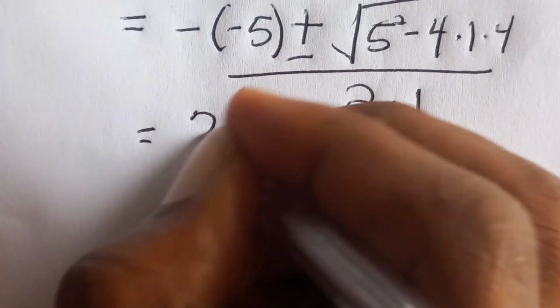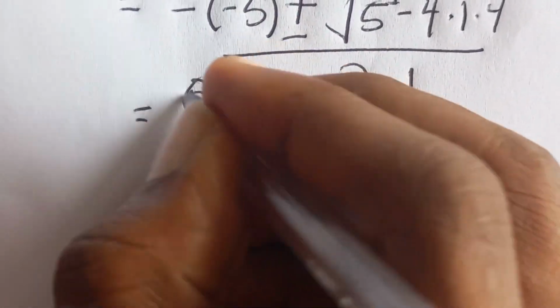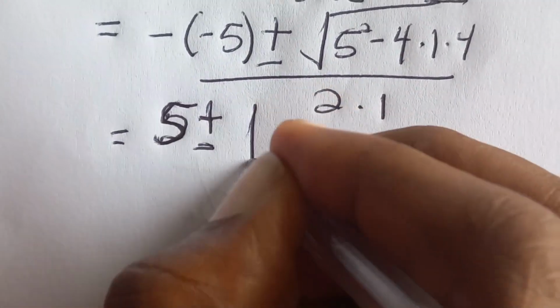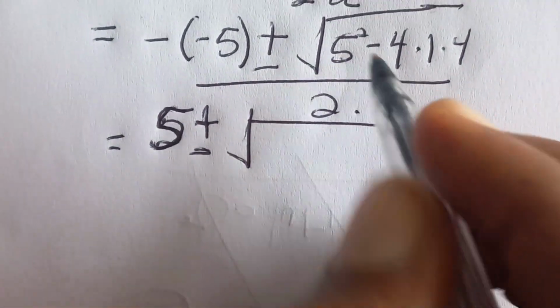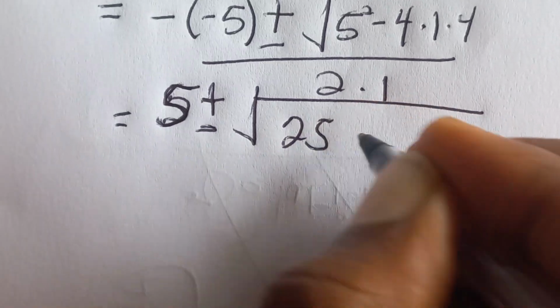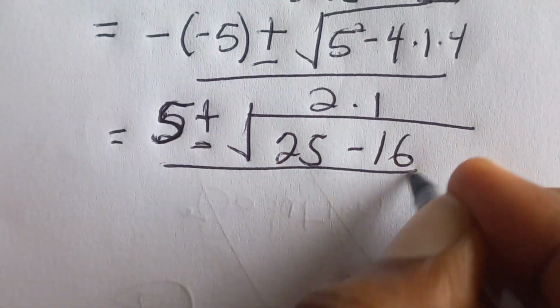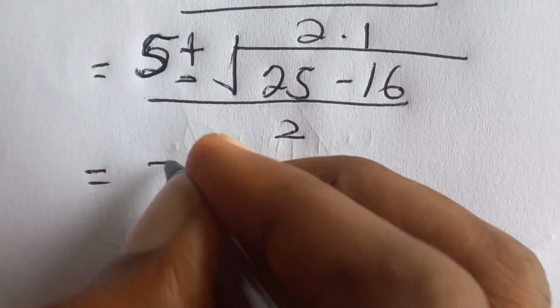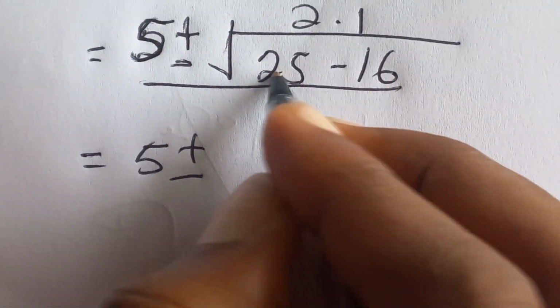From here, we get 5 plus or minus square root of 25 minus 16, all over 2.